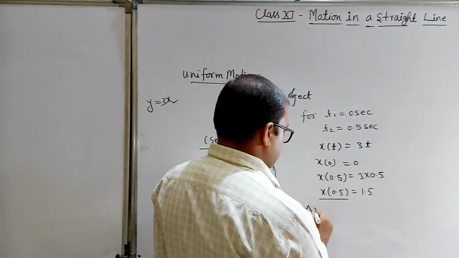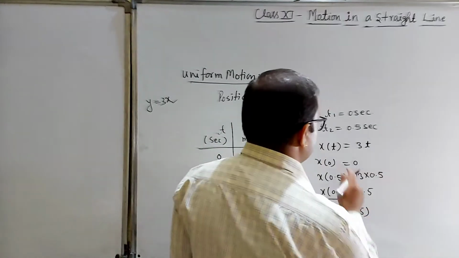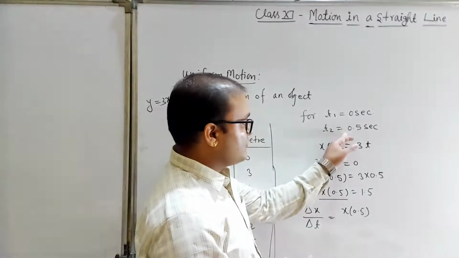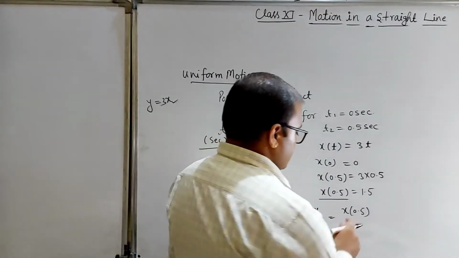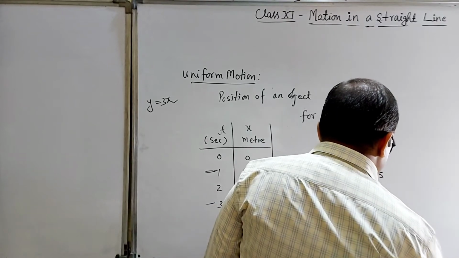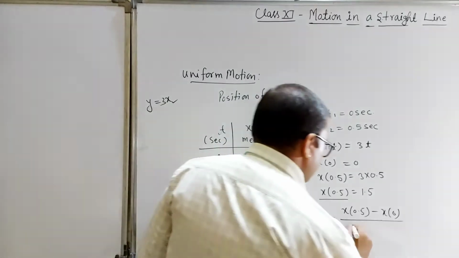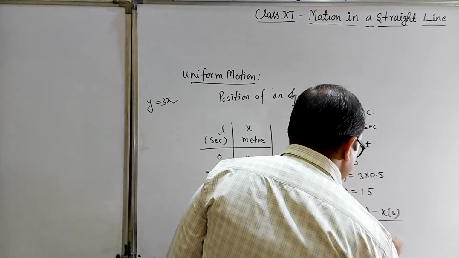So what will be delta x upon delta t? Taking the two time intervals 0.5 and 0: the position of the object at 0.5 second minus x at 0 second, upon the change in time 0.5 minus 0.